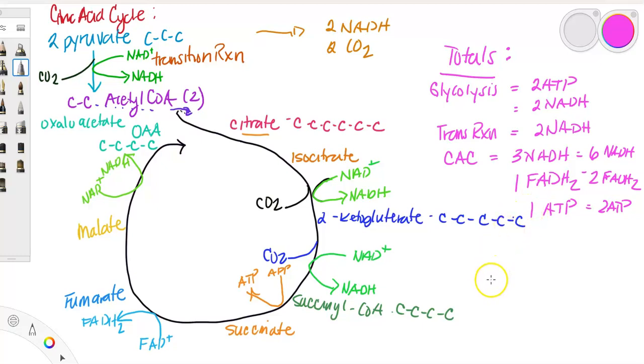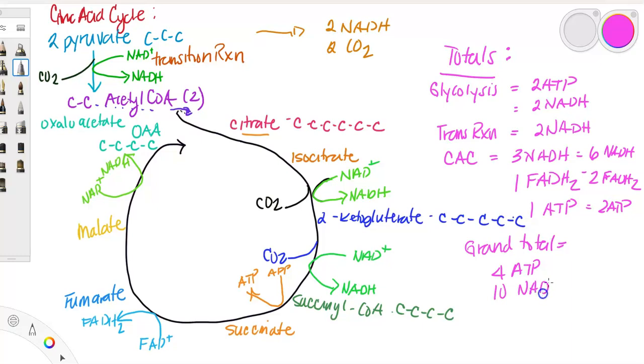Okay, so grand total, we have 2, 4 ATP, we have 2, 4, 10. Yeah, 2, 4, 10.